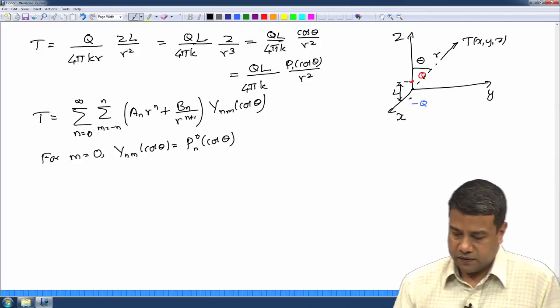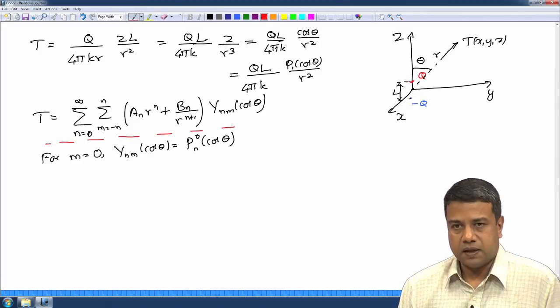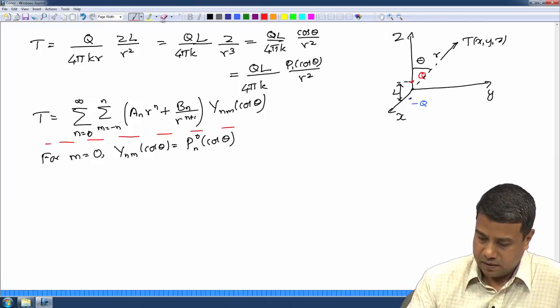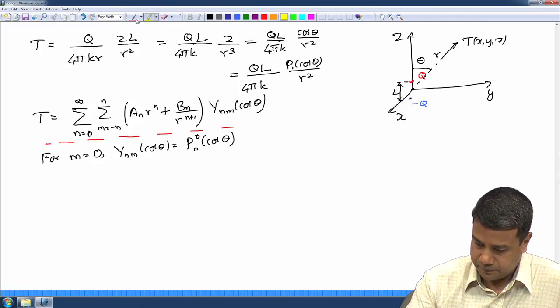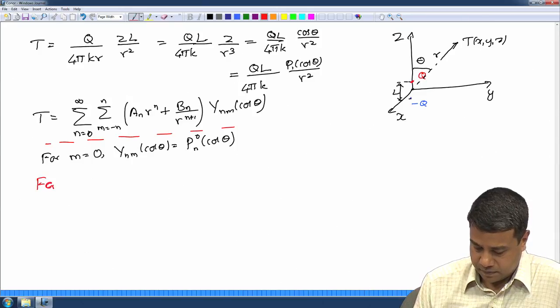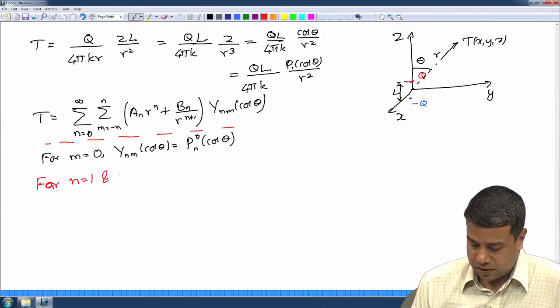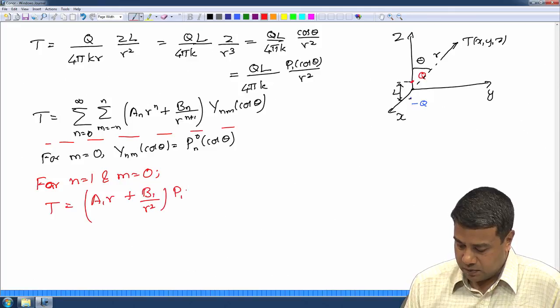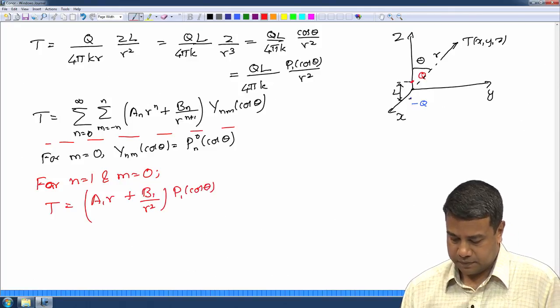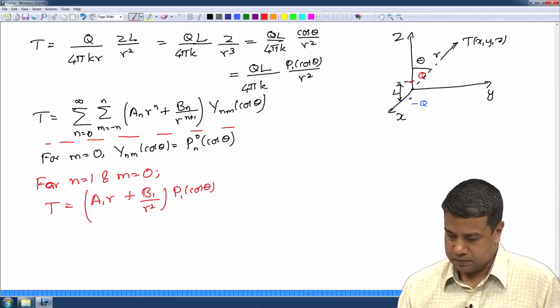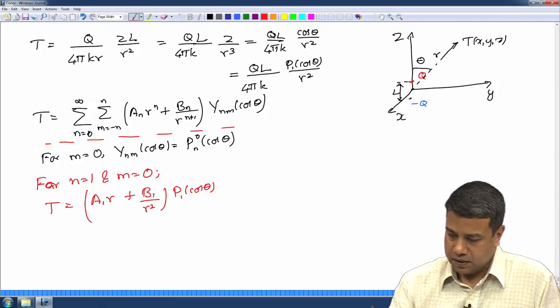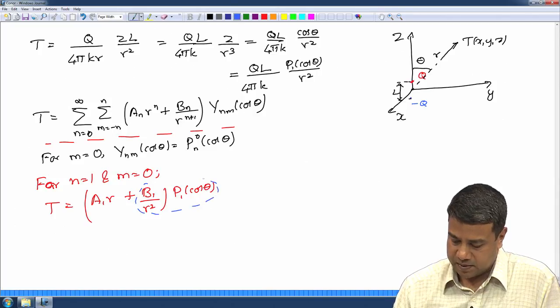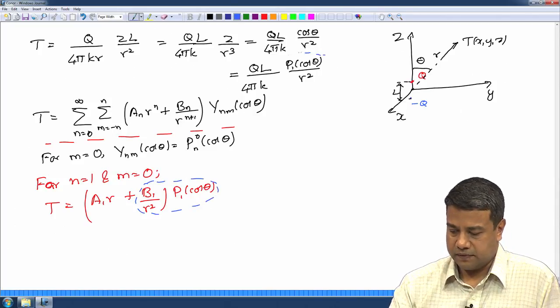So, if you take this expression and take n is equal to 1 and m is equal to 0, the temperature becomes A1 r plus B1 by r square, into P1 of cos theta. This term here, 1 over r square times P1 of cos theta, is exactly what I have got over here.